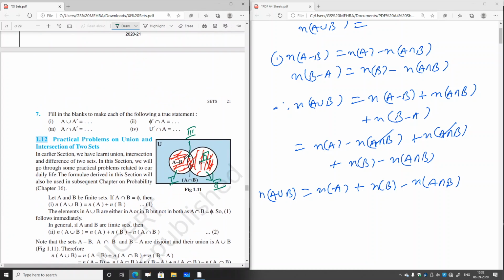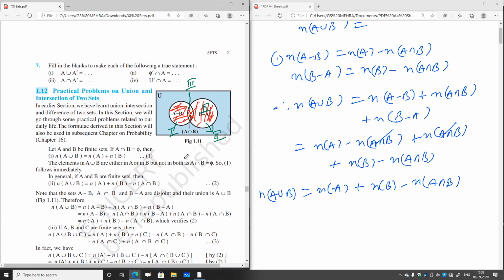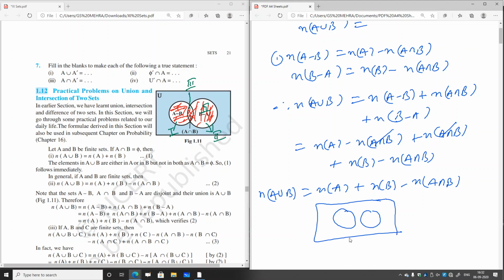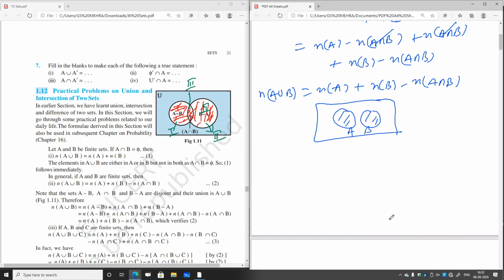In case the intersection of A and B is empty, it is like this. So this is our set A and this is set B. If you want to find the number of elements in the set A union B, it is very simple.